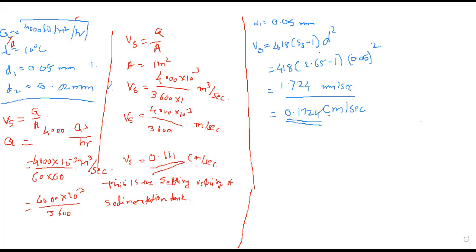Now, what is the question to you? The question is to determine what percentage of particles will settle down in the existing design of the sedimentation tank whose diameter is 0.05 mm. Then you can find out the percentage of settled particles. So how to find out here?